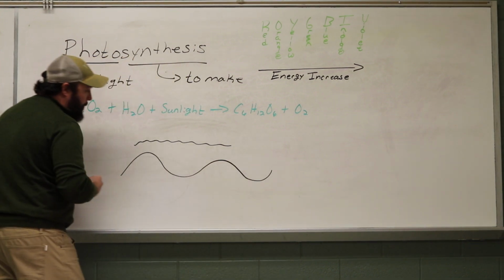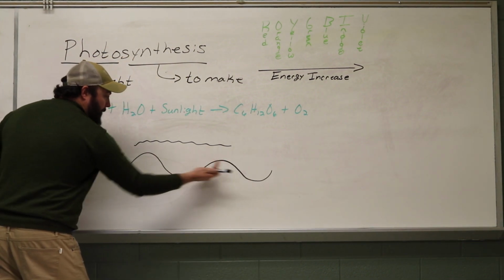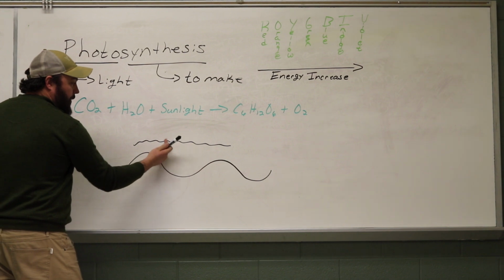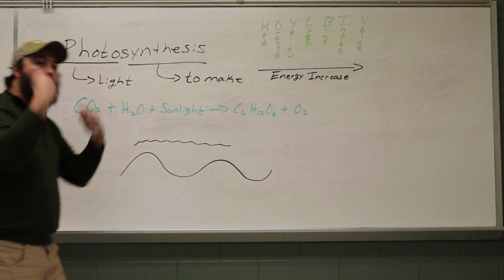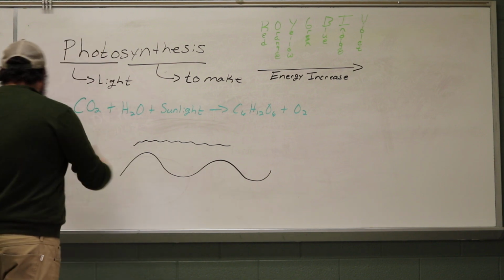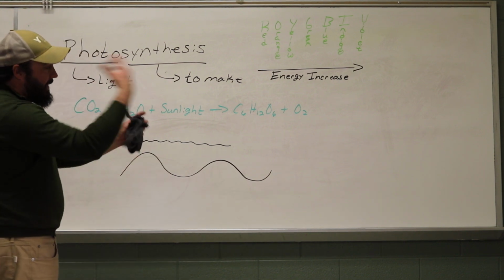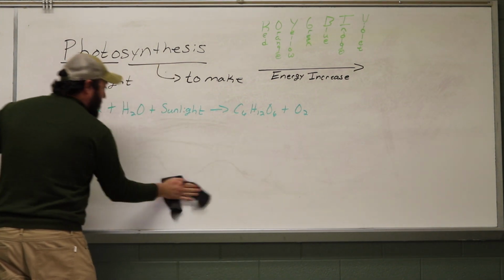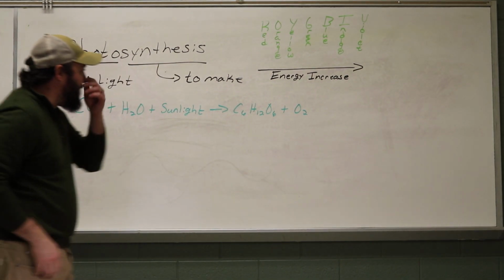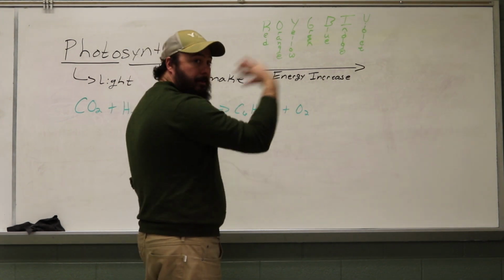You see, this is a much further length in between these two waves than here. So the shorter length in between these two waves means it has more energy. So violet has more energy, indigo has a little bit less energy, so on and so forth. Red has the least amount of energy, violet has the most.